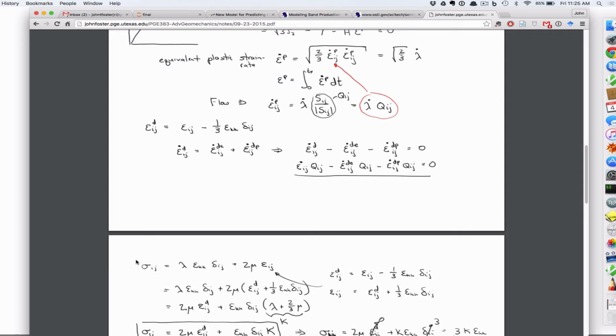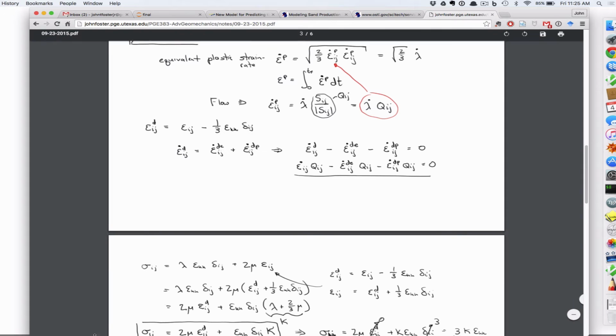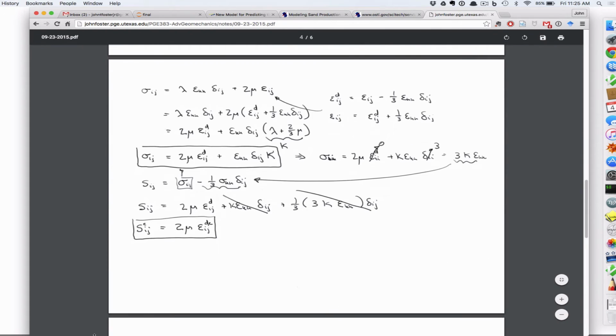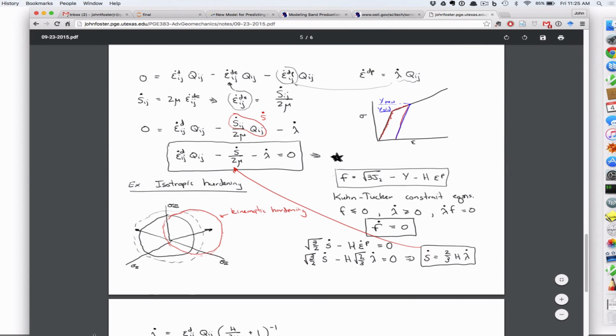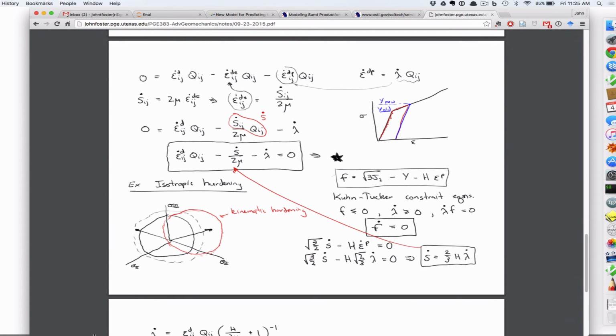So you ultimately start working through, and you get this equation, which again just comes from the additive decomposition of the strain rates. Okay, so that was again on the 23rd. There's one thing there.